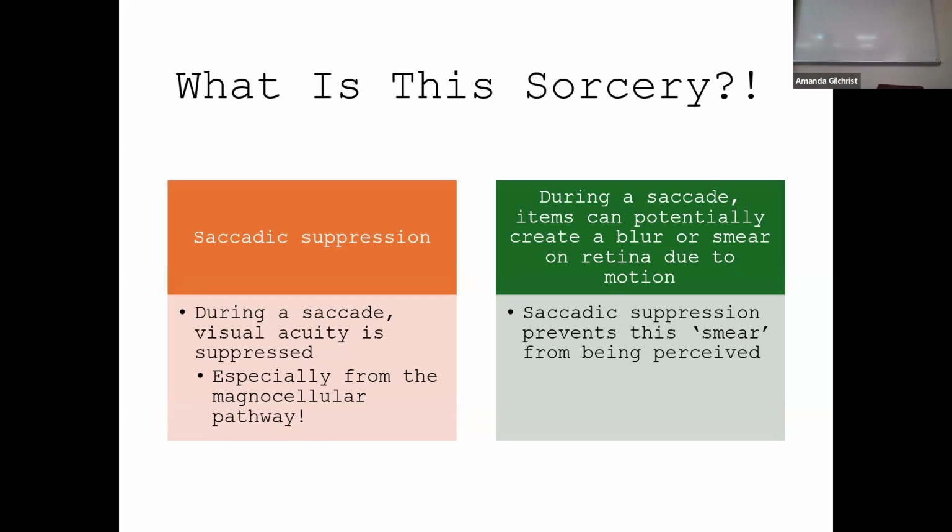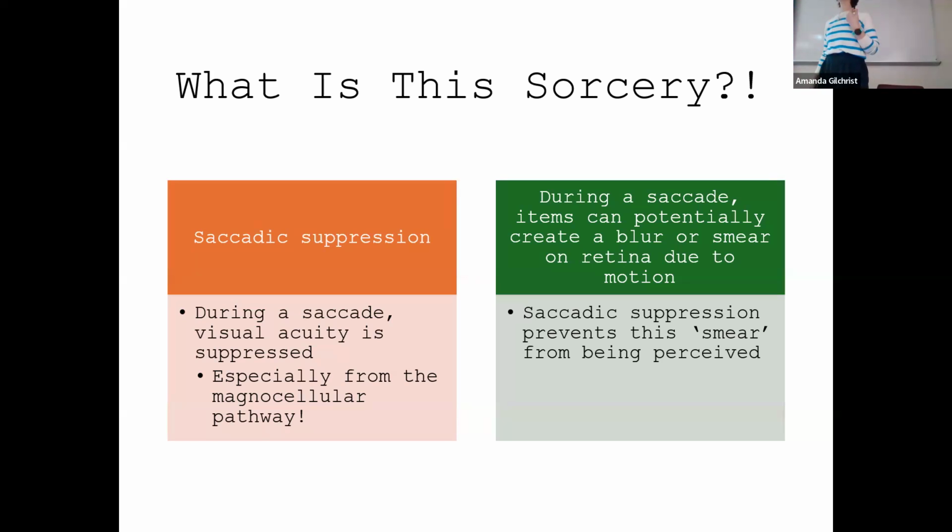This is what is known as saccadic suppression. During a saccade, your visual acuity is temporarily suppressed, and that's especially from the magnocellular pathway. The magnocellular cells temporarily suppress your visual acuity. Here's part of the reason they do this. During a saccade, items can potentially blur or smear on the retina, especially if they are moving.